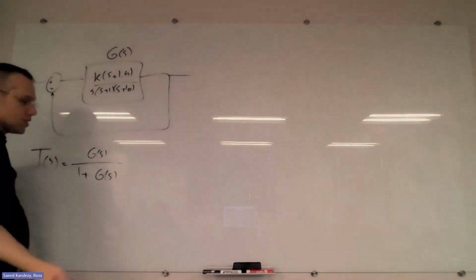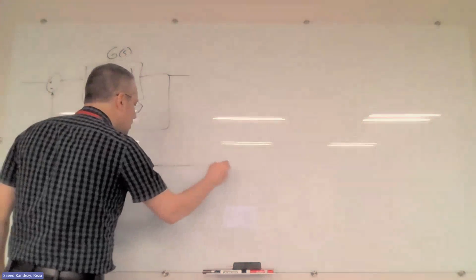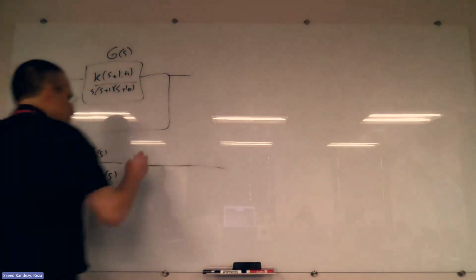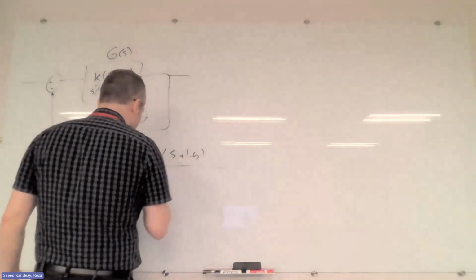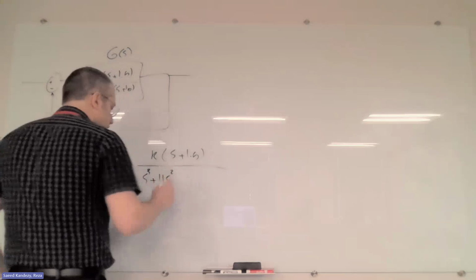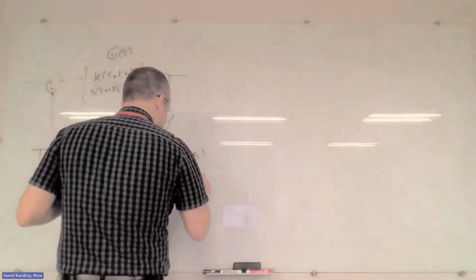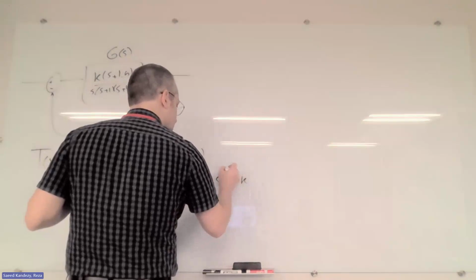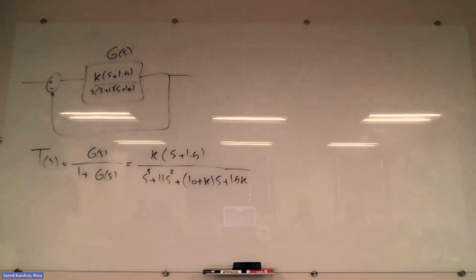If you run the analysis and do the derivation, you are going to see that your overall transfer function is K times (s plus 1.5) over s cubed plus 11 s squared plus (10 plus K) s plus 1.5 K. So this is my closed loop transfer function.